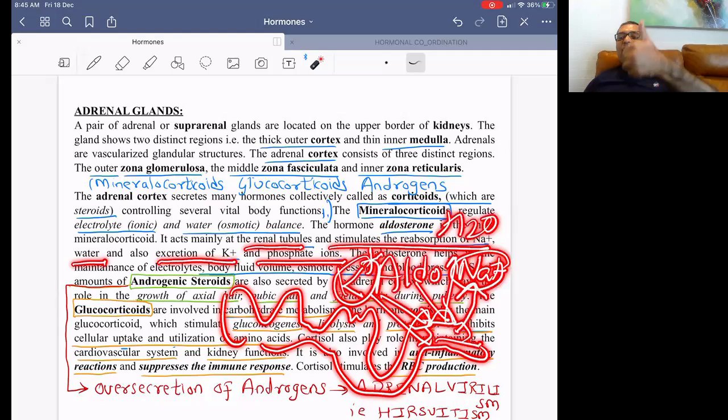So sodium levels will become high and potassium level will become low. And this is important. Your body needs sodium for lots of functions, and excessive potassium is dangerous. So aldosterone will reabsorb sodium and give away potassium.